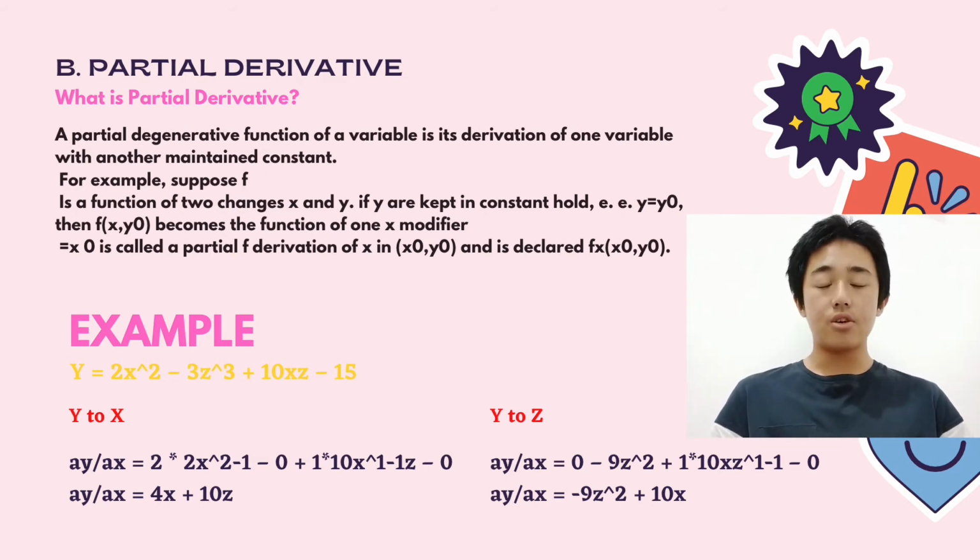So z we consider as a constant number, so we make it a 0. So 4x minus 0. Now we add 10xz.